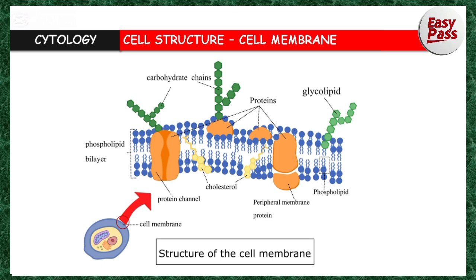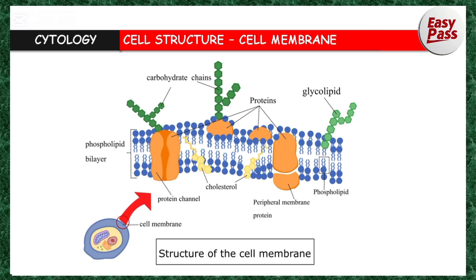So for every cell membrane, we have two layers of phospholipids, and these layers are made up of monomers of phospholipid. Let me continue with this. The phospholipid has what we call a structure of head and tails.